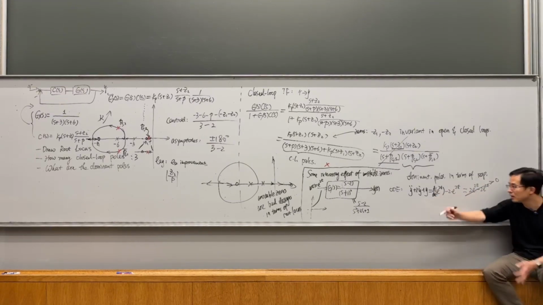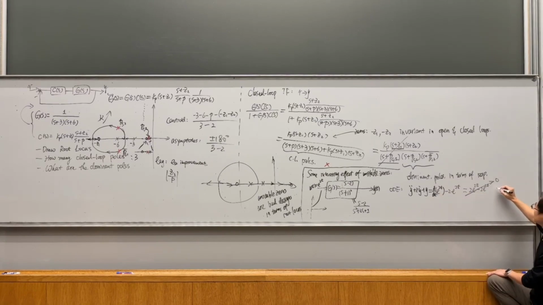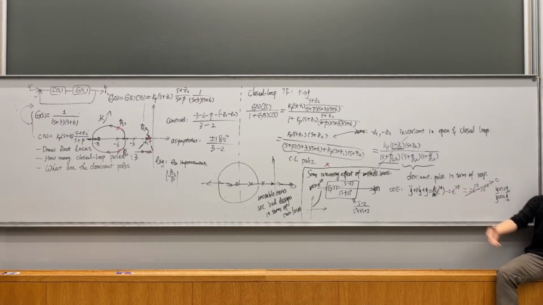And if you want to solve the ODE, you need to specify some initial conditions: y(0) equals y0, y dot (0) equals y0 dot. Then you can solve this ODE and get the output response. But what you see from here is that at the steady state, y will be 0, right?